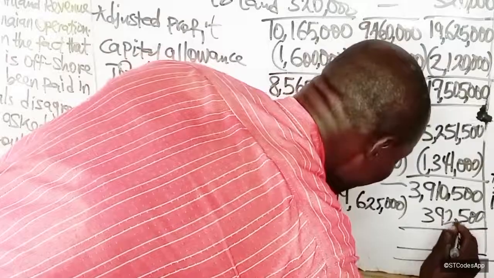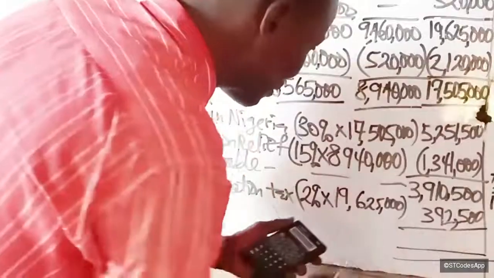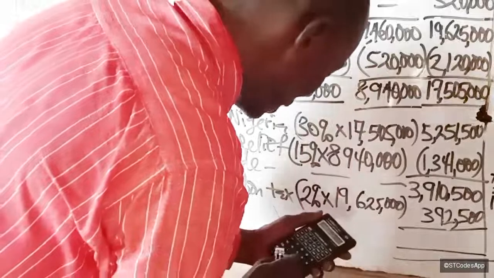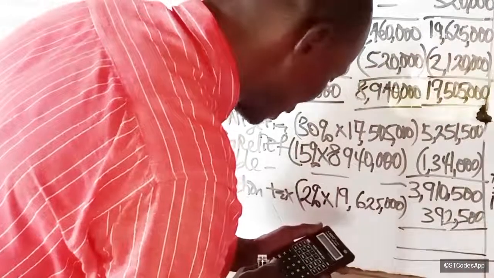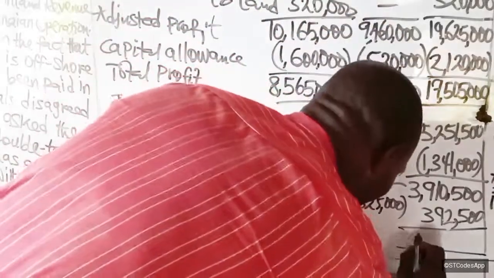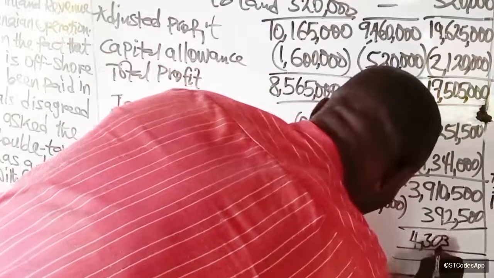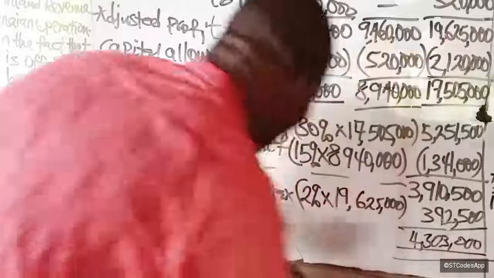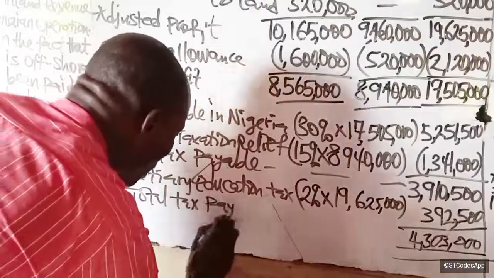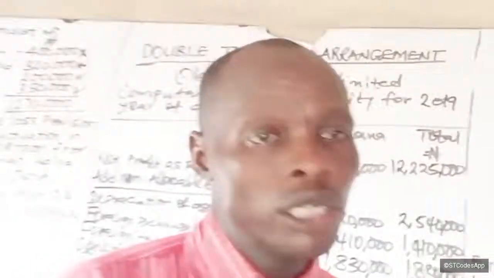You cannot use 3% since the year of assessment is 2019. Now let's add this. So this plus 3,910,500, we have 4,303,000. This is the total tax payable. Total tax payable, 4,303,000. This marks the end of the solution to this question.